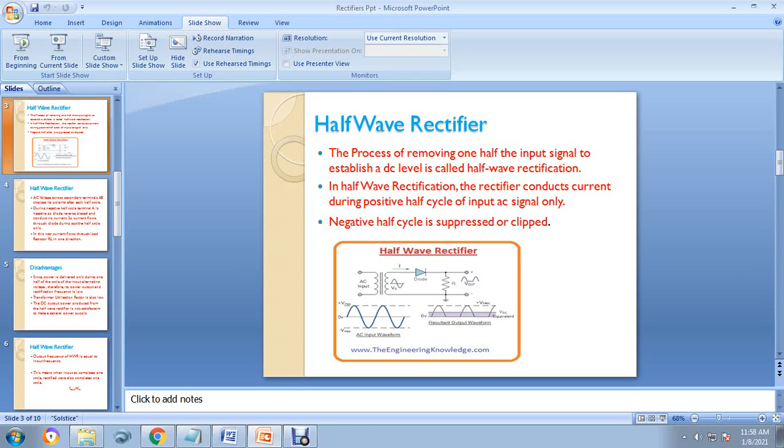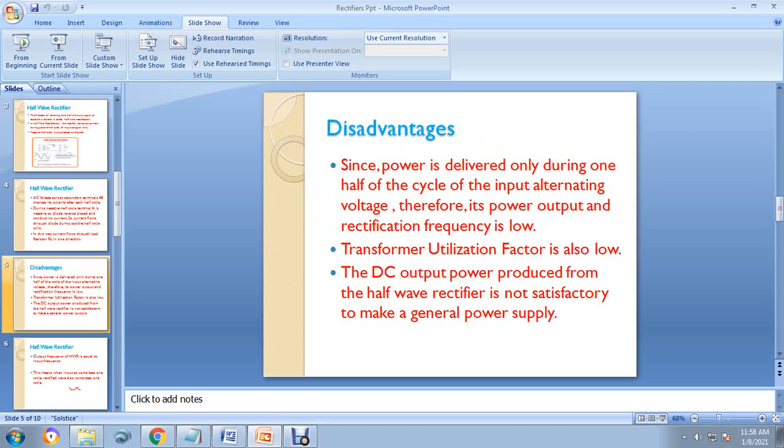Coming to the disadvantages, here power is delivered only during half of the cycle of the input alternating voltage. Therefore, its power output and rectifier efficiency are low. The transformer utilization factor is also low.